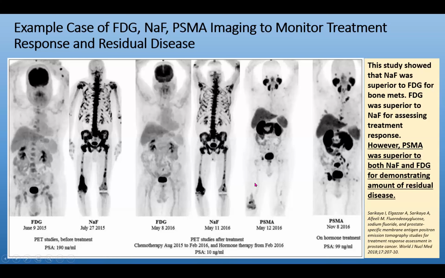However, they felt that the PSMA study was superior to both studies in that it was better able to demonstrate the amount of residual disease, right? As you can see, there's still a number of positive lesions on the PSMA that really are not clearly delineated on either the FDG or the sodium fluoride images.